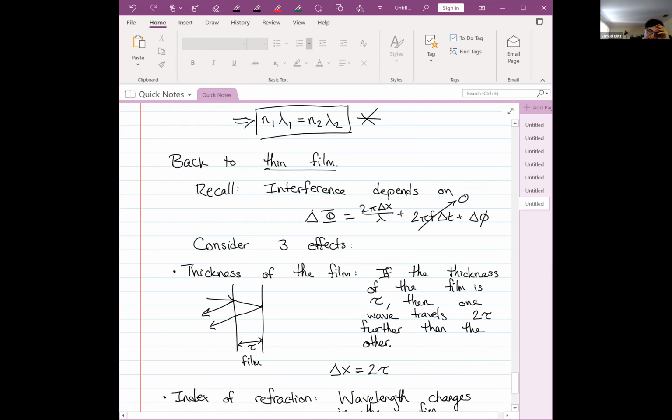And so even if they started off with the same phase when they entered, depending on how the speed of light in those media relate to one another, if one's greater than the other and so on, then either 0, 1, or 2 of those reflections will have this additional phase change in the phase constant.